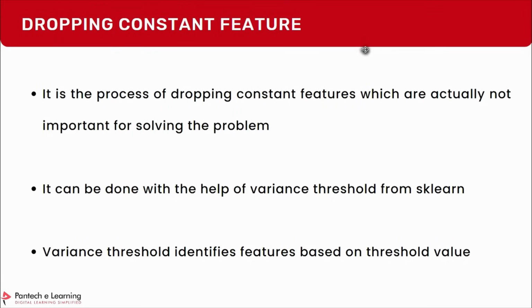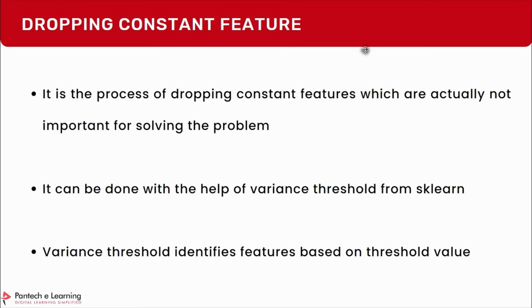Talking about dropping constant features, it is the process of dropping constant features which are actually not important for solving the actual problem. Which means that a feature should be interlinked with your target, and it should have some change which determines whether it's actually a feature or not.